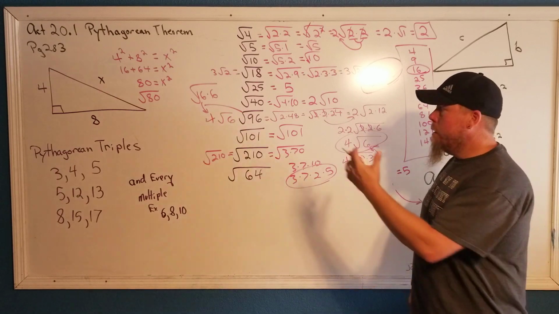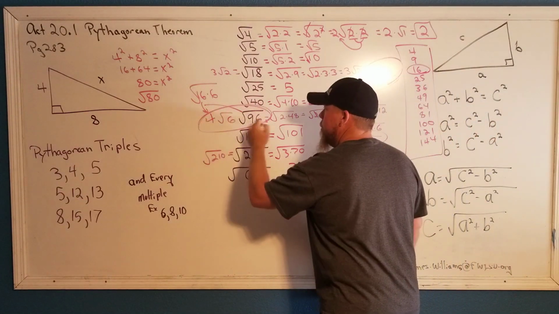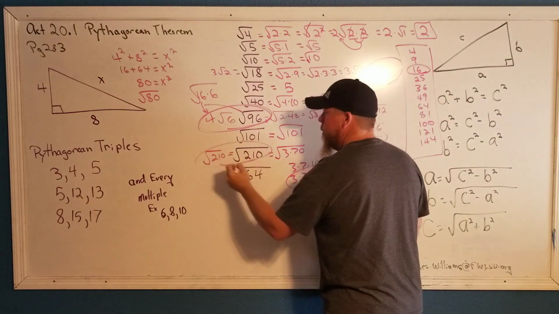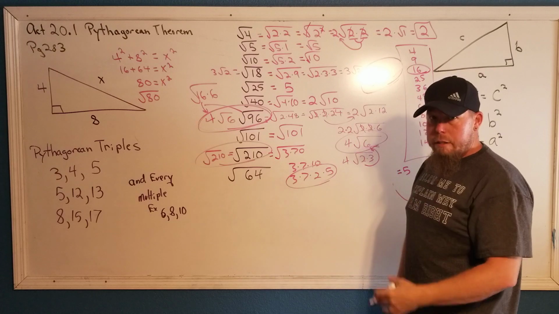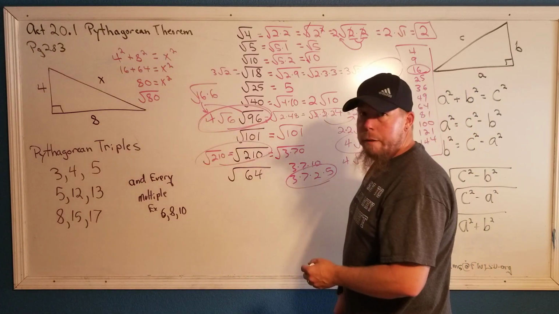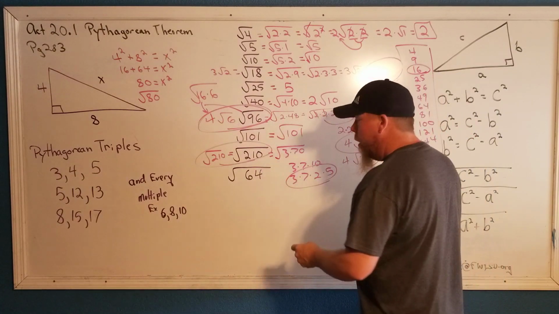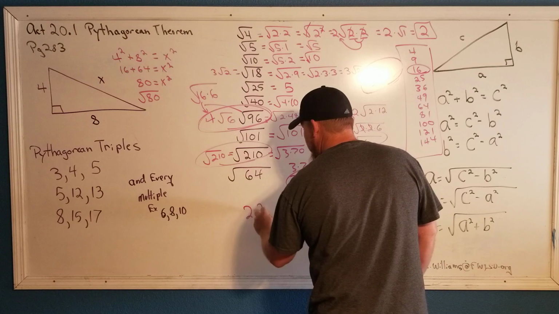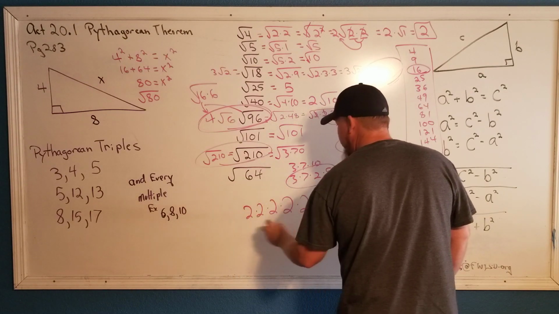Okay? I'm using these examples because I want you to realize some of them reduce greatly and some of them do not. So you have to take your time. Just because it's a big number doesn't mean it reduces. Just because it's a smaller number doesn't mean it doesn't. All right? So let's talk about 64. If you took your time, kind of like we did with 96, you would get 2 times 2 times 2 times 2 times 2 times 2.